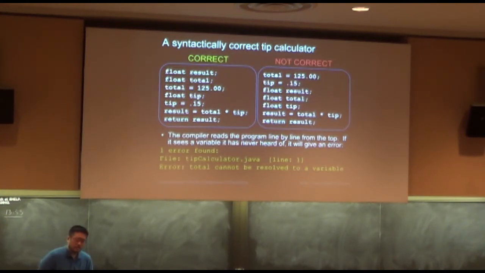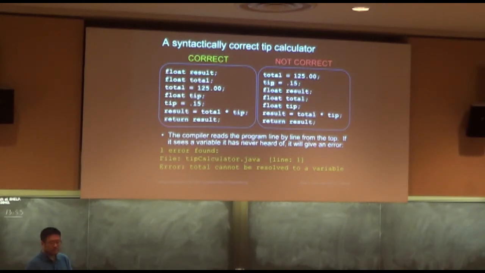Okay, so we talked about how order matters in the series of commands that you provide to your Java code. A syntactically correct tip calculator here on the left, what we just saw, differs from the syntactically incorrect tip calculator here on the right, where we do things out of order. Here you can see that I'm assigning to a variable that has not been declared, because above this line I don't see the variable total declared anywhere.